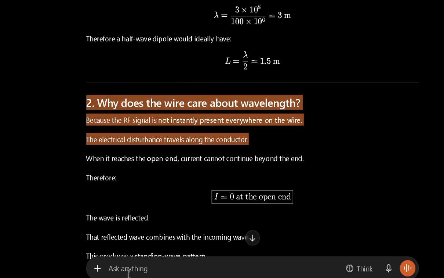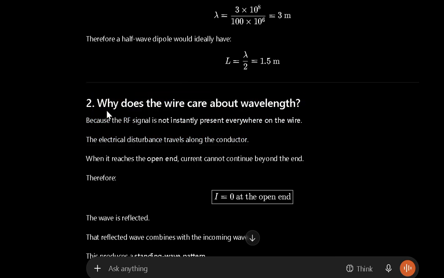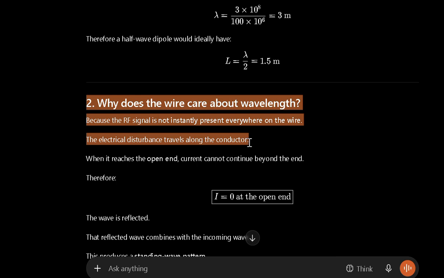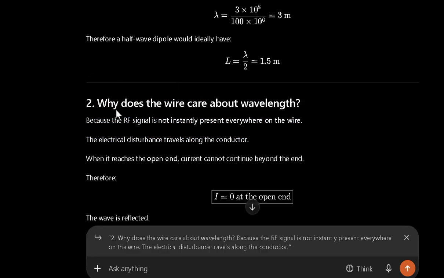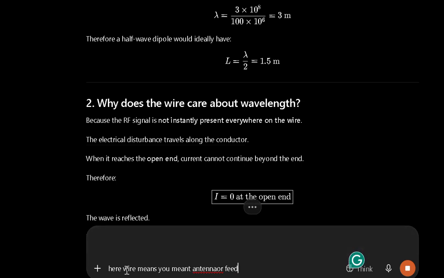Or you can simply right click and ask ChatGPT. Here, wire means the antenna conductor, or feed, I think it's feed.